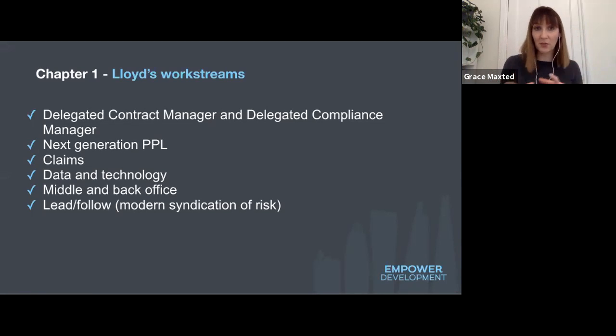They have to liaise with their broker, they have to collaborate, and there is an ongoing view that perhaps the following market might need to get less involved. Maybe they can just rely on the expertise of the lead, and therefore the following market won't necessarily have to keep going back to the lead and asking for further things. And so this is all about modernizing this process of the subscription market. So there are 6 work streams.